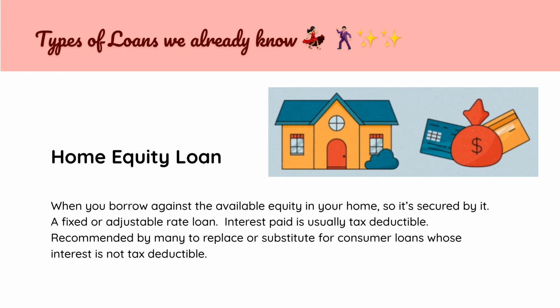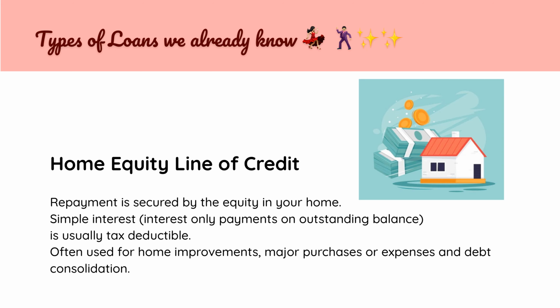So these types of loans are recommended to replace or substitute for customers' loans whose interests are not tax deductible. There's also the home equity line of credit, which is a revolving account. And for this kind of loan, simple interest on this credit is often deductible.